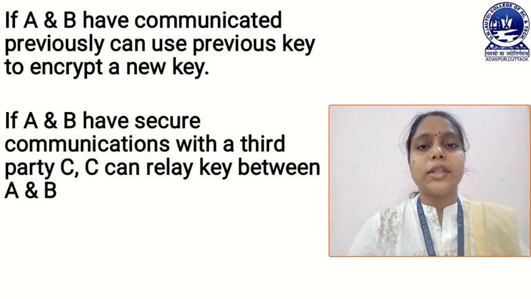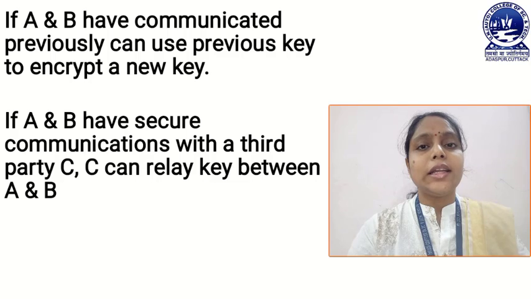In the third method, suppose A and B communicated previously by using some secret key, which is the old key. Now A and B want to communicate by using a new secret key.